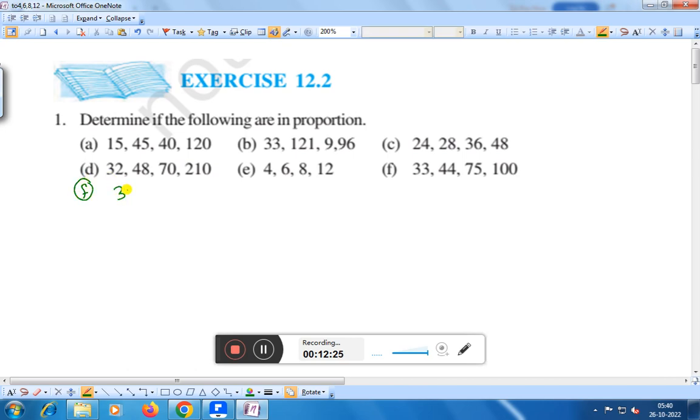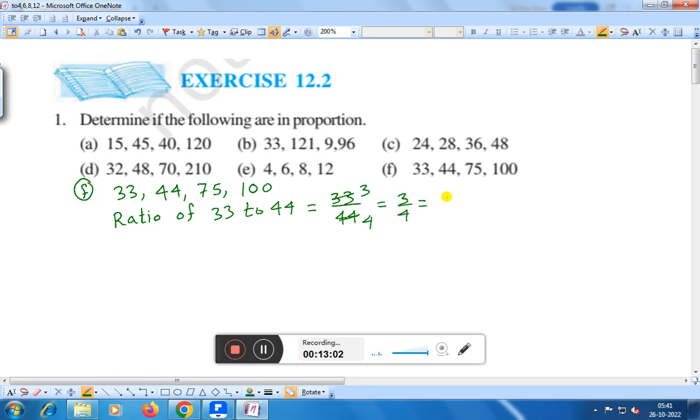Question number F is 33, 44, 75, 100. Ratio of 33 to 44 is 33 by 44. If we divide both the numbers by 11, that is 11 threes are 33, 11 fours are 44, then it comes to 3 by 4, or you can write it as 3 is to 4.